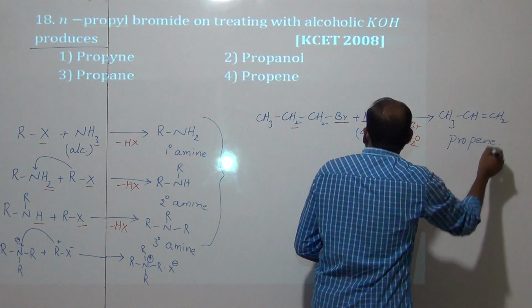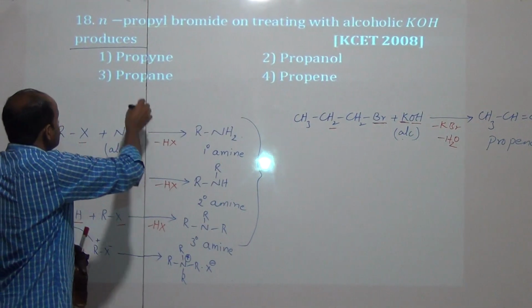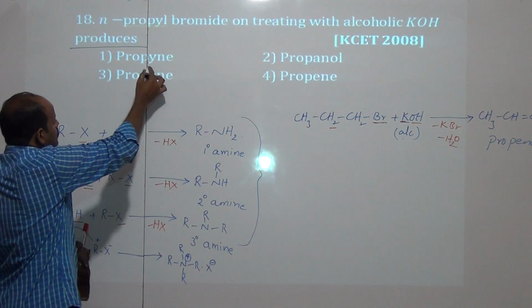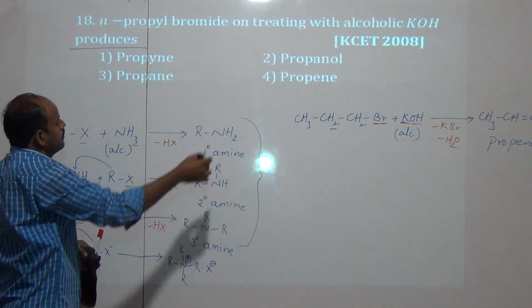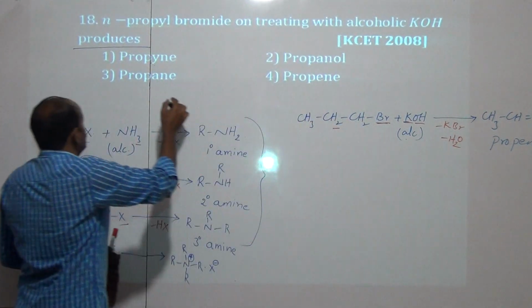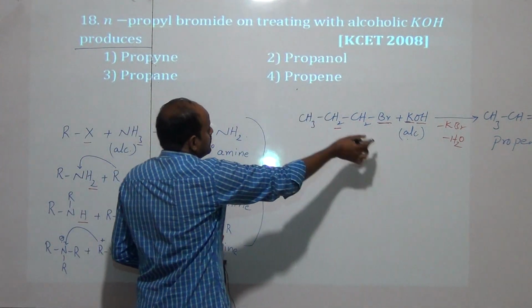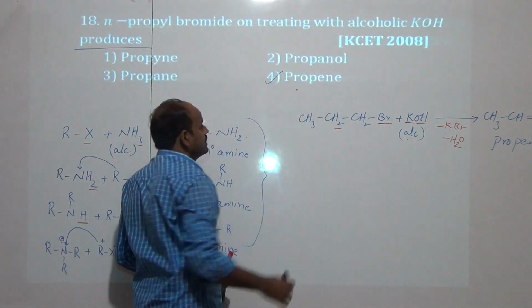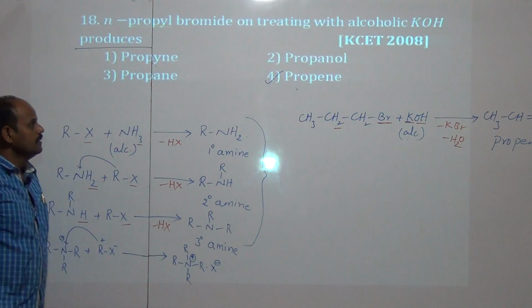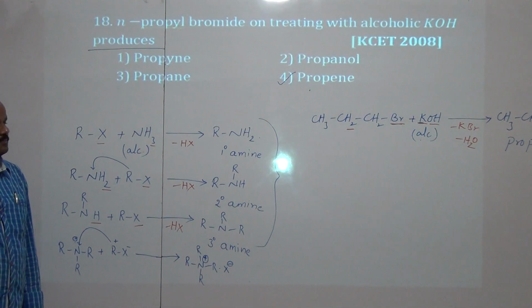Propene. Thus, what is the product formed? Propyne? No, the double bond is there, so wrong. Propanol, is it an alcohol? No. Propane, is it an alkane? No. Propene is the alkene. Hence, what is the answer? This is the fourth option. Okay.